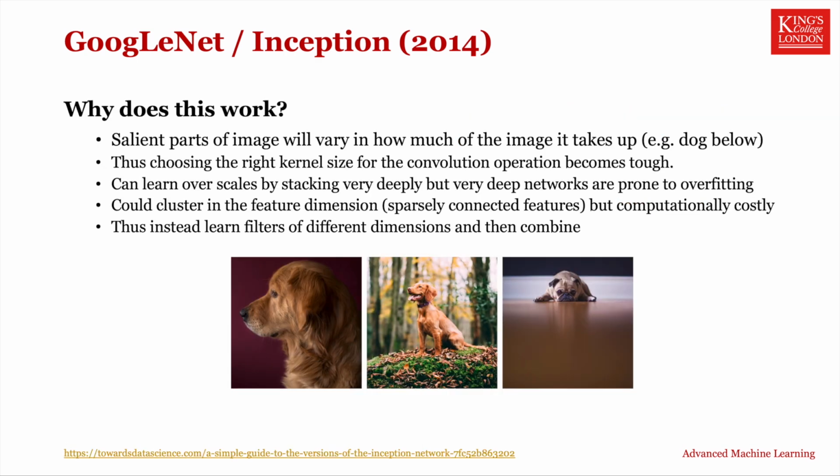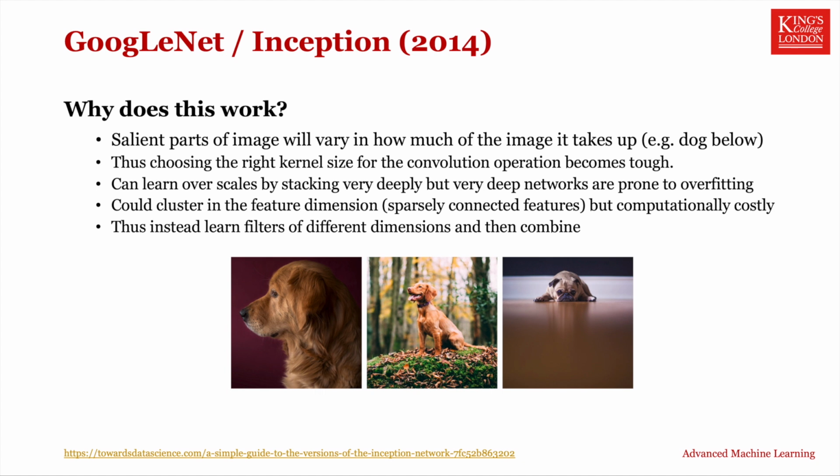Why should this help? Well, the idea is motivated by the fact that we expect that salient parts of the image will vary in how much of the image they take up. For example, an object might be close up or far away. This creates a scaling problem where choosing the right size kernel for the convolutional operation becomes tough.